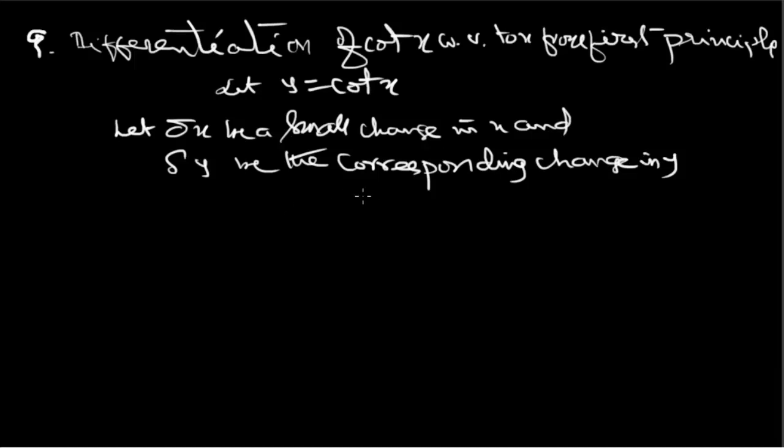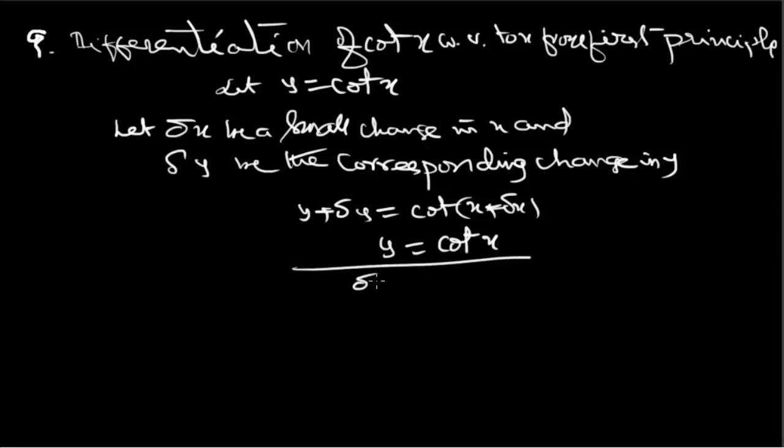So when there is a change in x, there is a change in y. So y plus delta y is equal to cot of x plus delta x. Below that you write the given function y is equal to cot x and subtract. That is, y cancels, delta y is equal to cot of x plus delta x minus cot x.